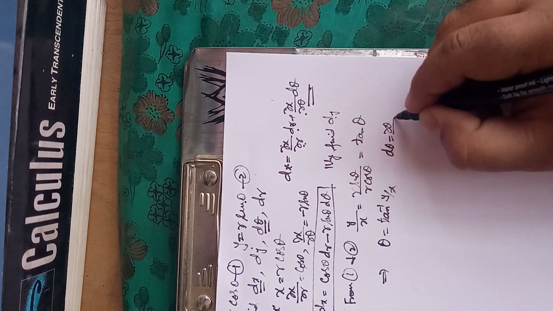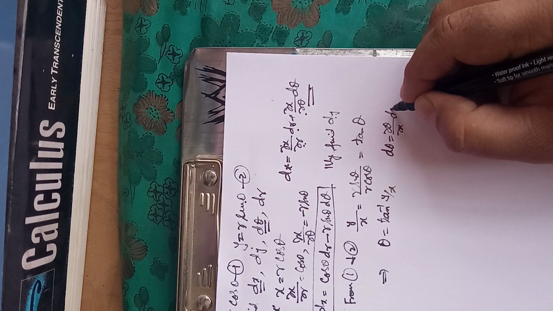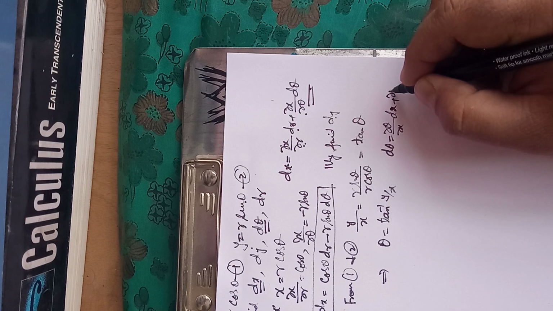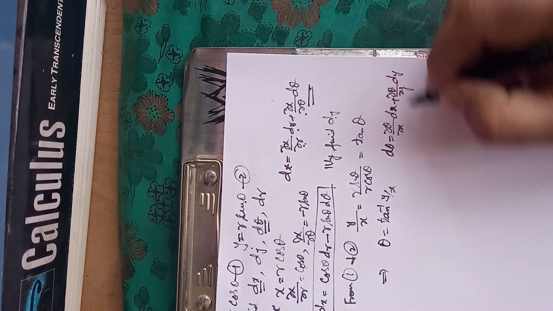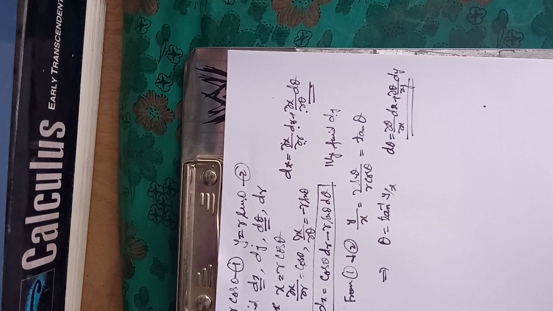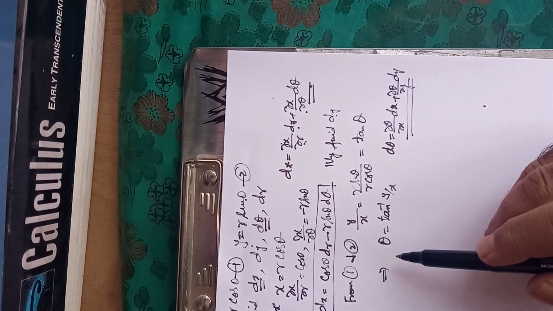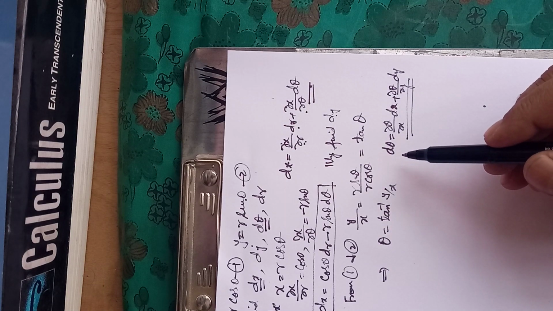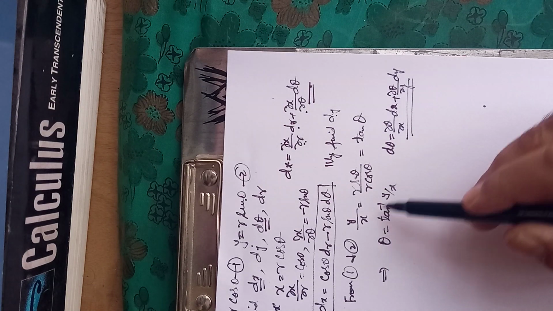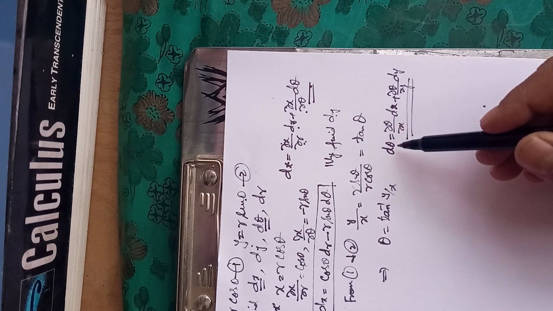It is del theta by del x dx plus del theta by del y dy. This is the question which we have done just now. u was tan inverse y by x. I had found du. Now theta is a function of y and x, so I can find d theta.